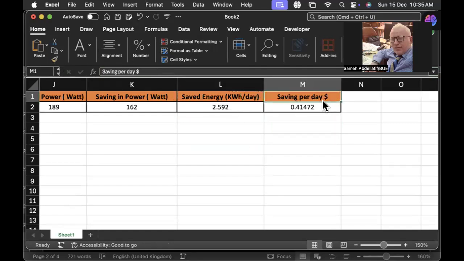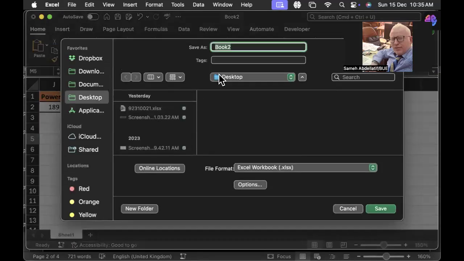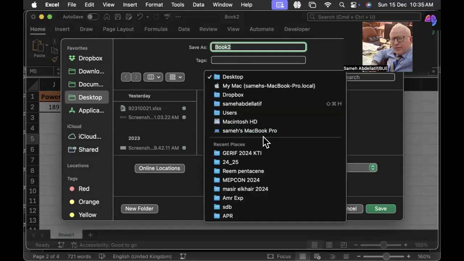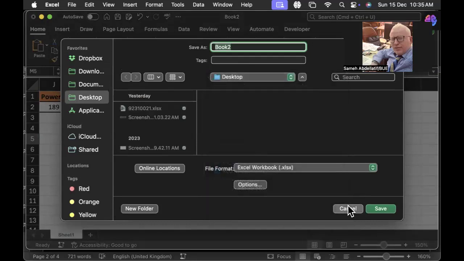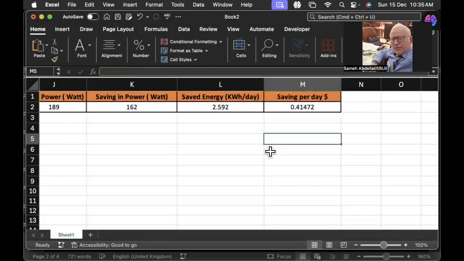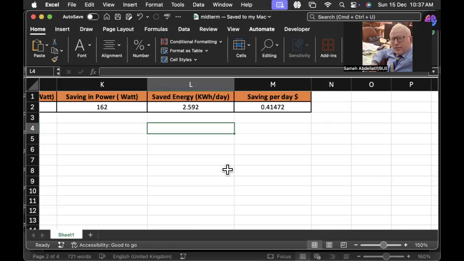Okay, again, this is a saving per day, but how can we decide or consider whether this is a good decision or not? This is an important point. So this is the saved amount of money per day.